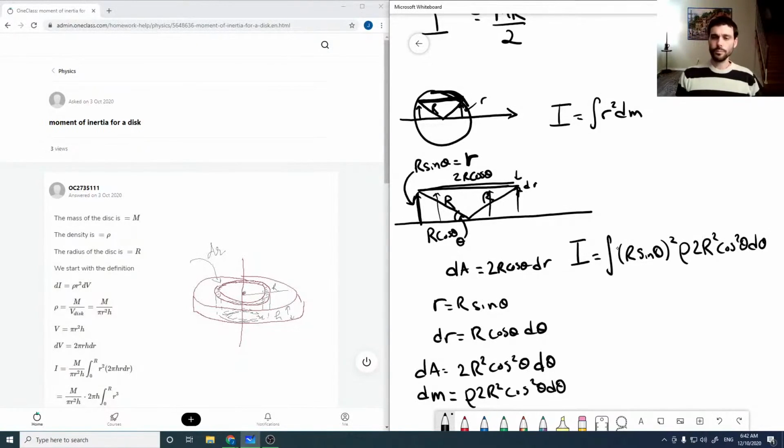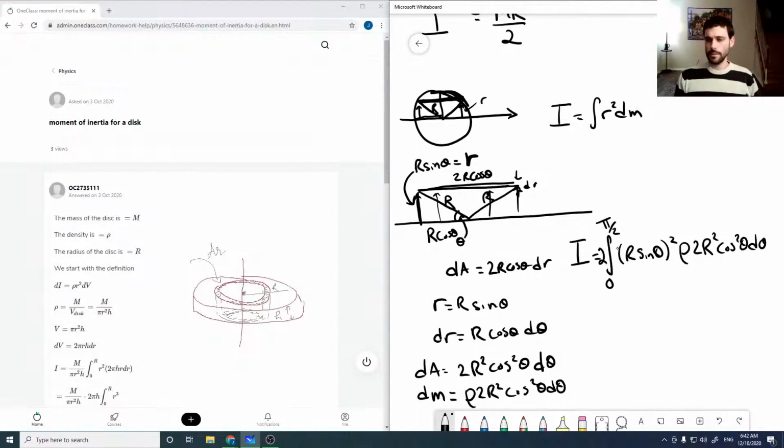The way I defined everything, we only need to move from 0 to pi over 2, because that covers the whole half circle, but that's only half of the object, so we need to double it. So it would be double 0 to pi over 2.